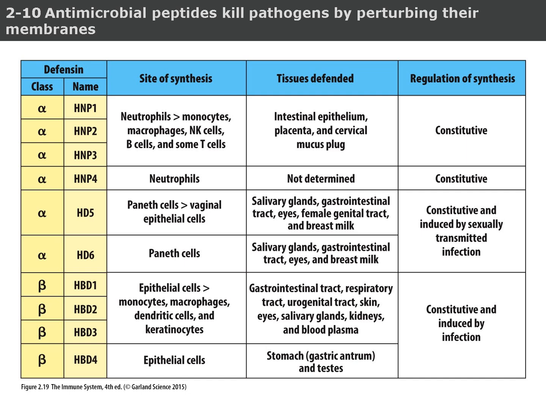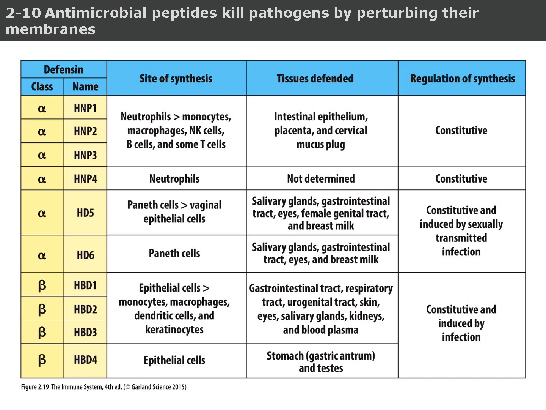The beta class includes HBD1 through HBD4. HBD1 is produced by epithelial cells and some immune cells, including monocytes, macrophages, dendritic cells, and keratinocytes. HBD2 and HBD3 are also synthesized by epithelial cells, with HBD3 additionally involving monocytes and macrophages.